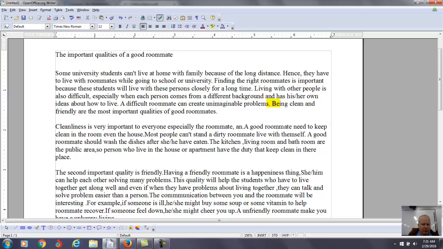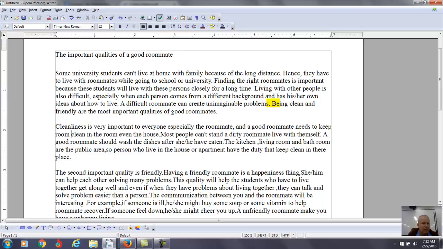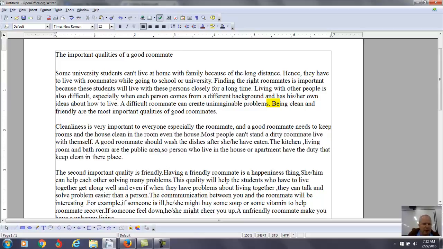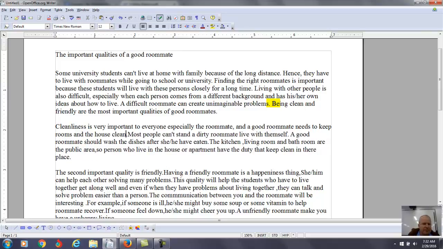Now I'm going to combine these two sentences to avoid those shorter, choppy sentences. And a good roommate needs to keep the rooms and the house clean. I'm going to say it like that. Most people can't stand a dirty roommate.